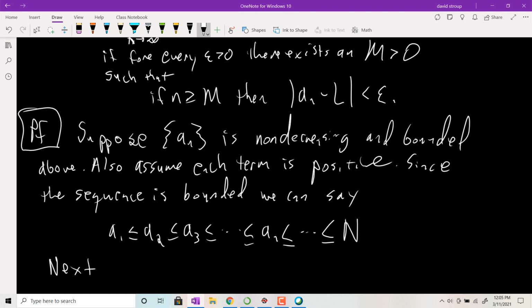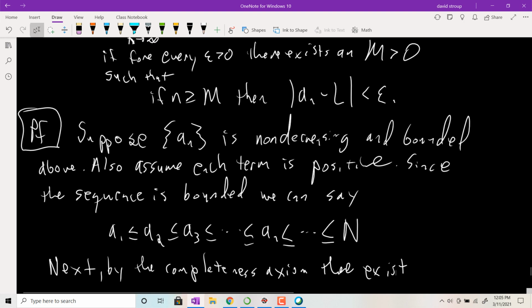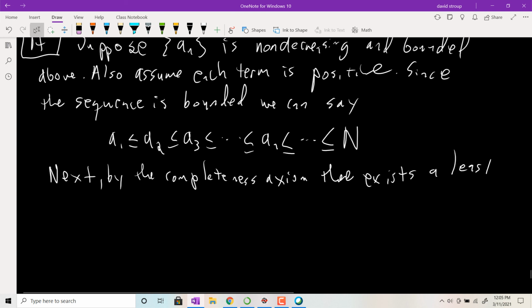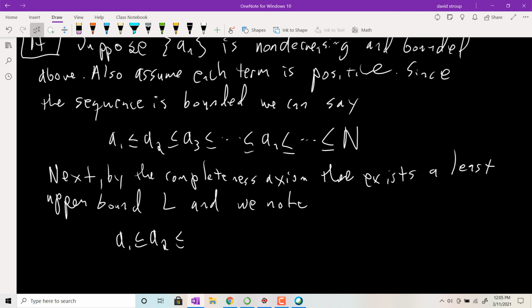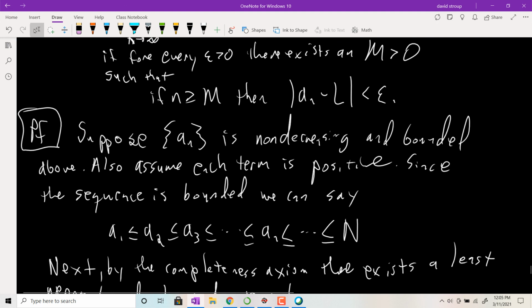Okay, so next we use the completeness axiom. By the completeness axiom, there exists a least upper bound, and let's call that L. And we note, again, a sub 1 is less than or equal to a sub 2, less than or equal to dot dot dot, less than or equal to a sub n, less than or equal to dot dot dot, less than or equal to this number L. So that L is the L that we see in the definition.